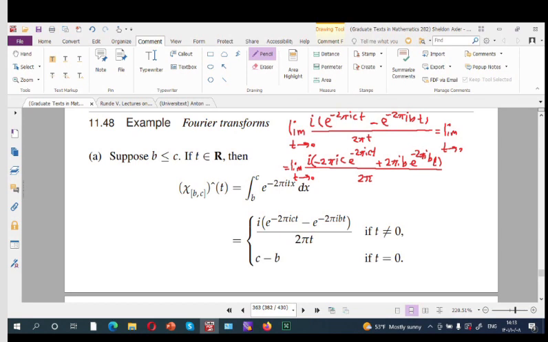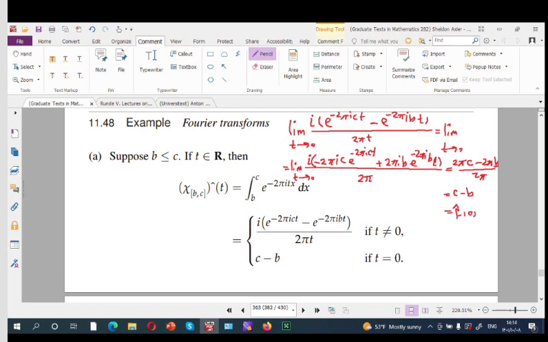Now if t tends to 0, this equals 1 and this equals 1, so that it is equal to, you know that i squared equals minus 1, so plus 2π c, and this equals minus 2πb, divided by 2π, and this equals c minus b, and this is equal to f hat of 0.